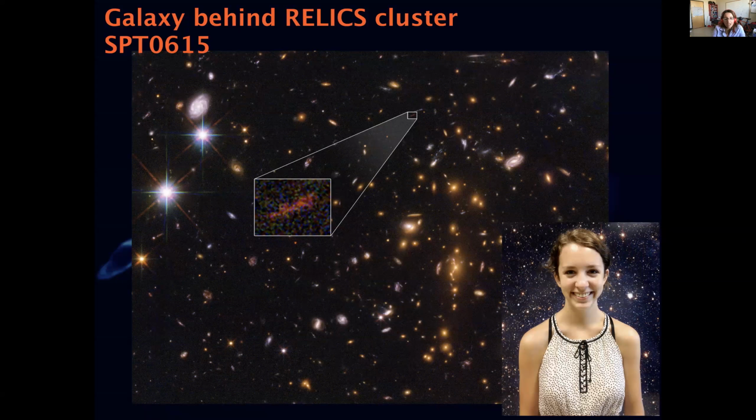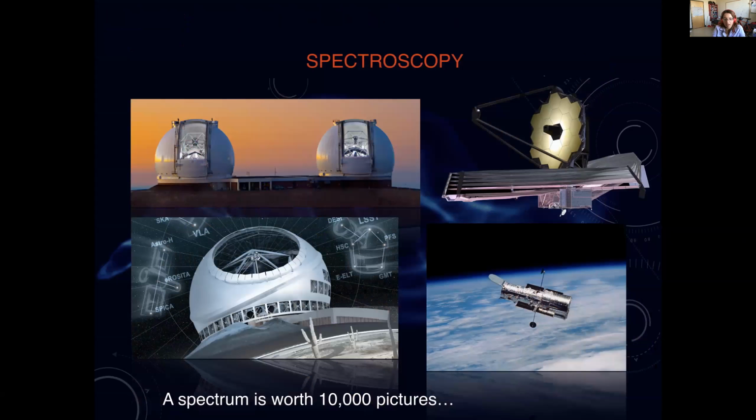But what we really want is to take spectra, because if a picture is worth 1,000 words, a spectrum is worth 10,000 pictures, because we are not taking just one image in one wave band, so to speak. You're taking pictures in each of those wavelengths, and so you get a much more complete picture of what the galaxies look like.